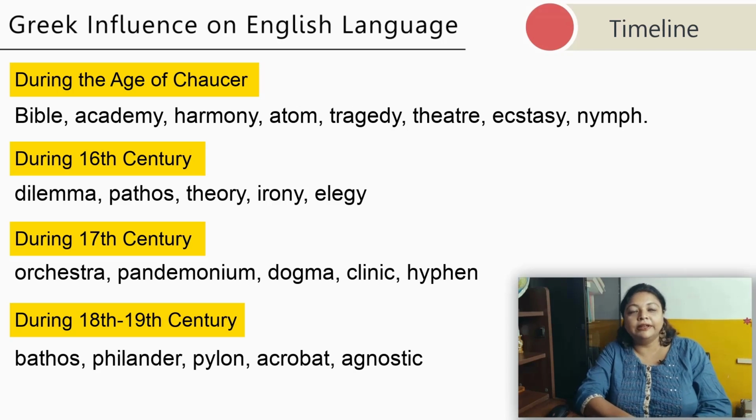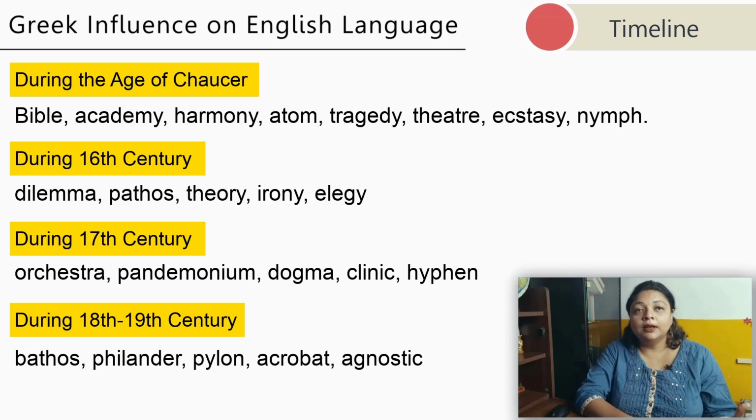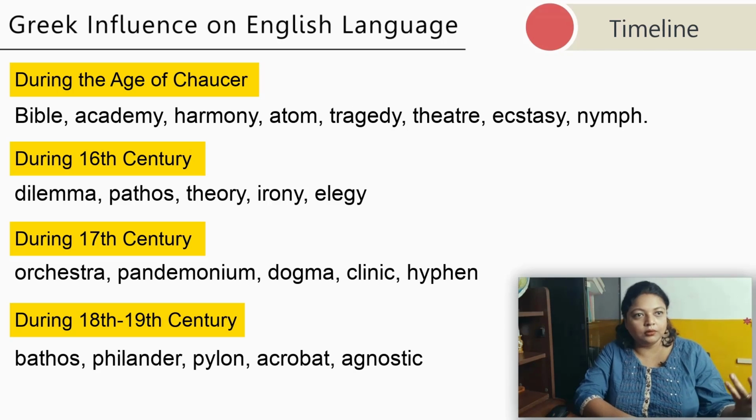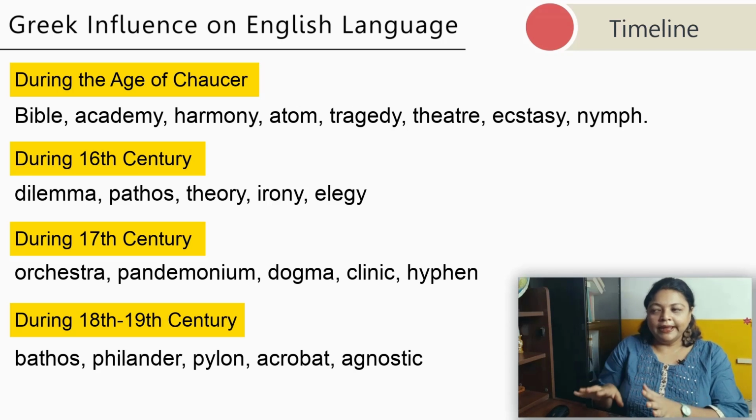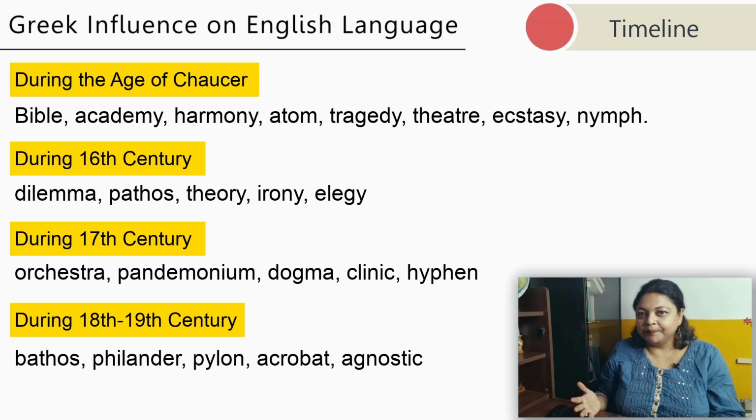So it has to have an element of conversational diction, and therefore the tendency to borrow Latinized Greek or words belonging to Greek roots was being toned down, but Greece still continued to have its influence, and this time the influence was very much on the way science was developing.